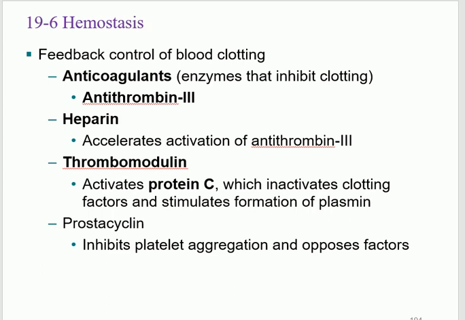It will stop the clots. Why do you need coagulation if you don't have issues, right? Antithrombin 3 is going to help you. Heparin is something that activates antithrombin 3. There is another thing that's called thrombomodulin, and this will activate something called protein C, which will inactivate the clotting factors.